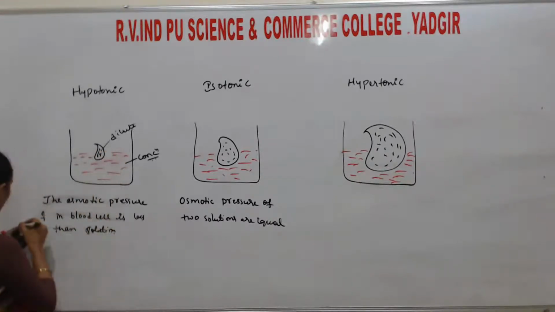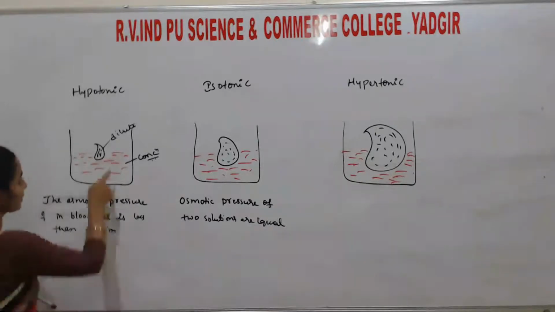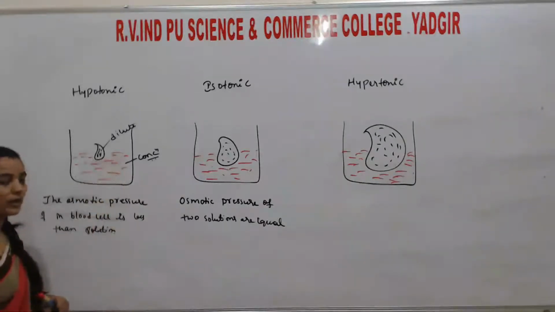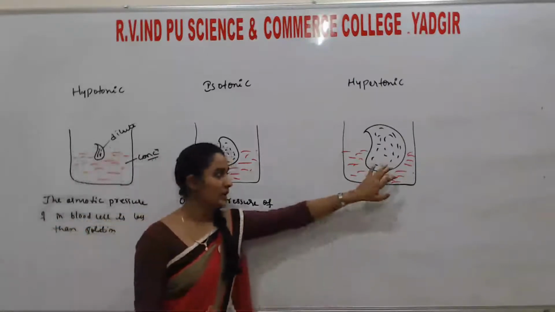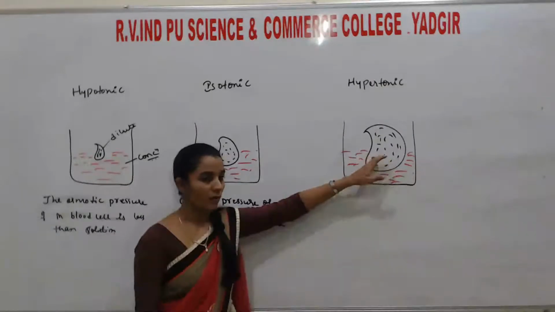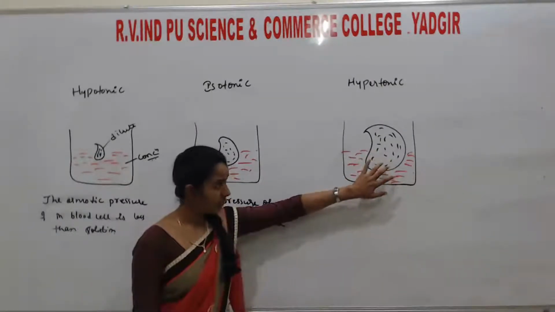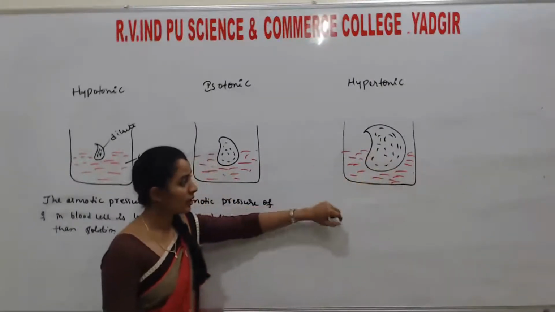The solvent molecules inside the cell are transferred to the solution. Then the cell shrinks. At the same time, here the concentration of the solution is less and here the concentration is more. So then what happens?